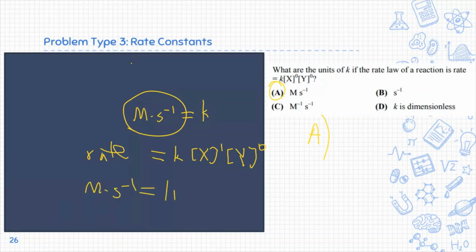And we know concentration is moles. So if we divide moles per second by moles, we only get per second, or 1 over seconds, which is the rate constant.